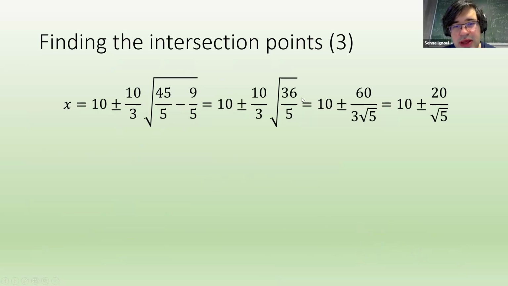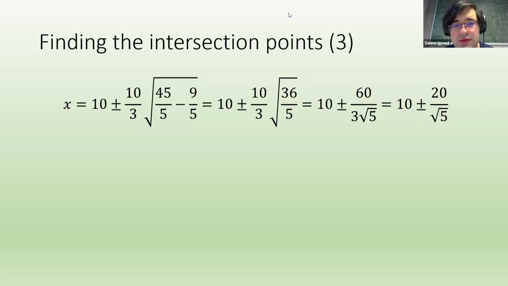And then we can simplify this fraction, namely by taking the square root of the numerator and the square root of the denominator. Square root of 36 is 6, so that means we get 60. And we get this, and then we can simplify it a bit further by dividing 60 by 3, and then we get 20. So this is our result as an exact x value.